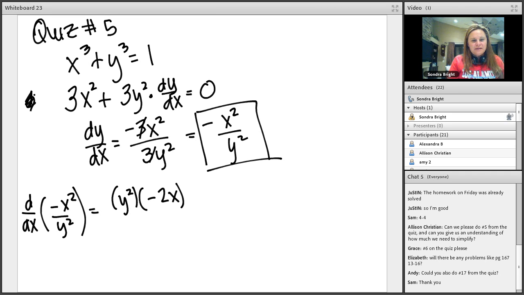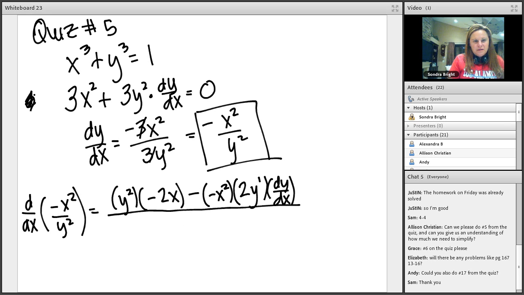Don't need a dy dx because that was x, minus the top times the derivative of the bottom, which is a 2y, now to the power of 1, but then times dy dx, and then it's all over the bottom squared.